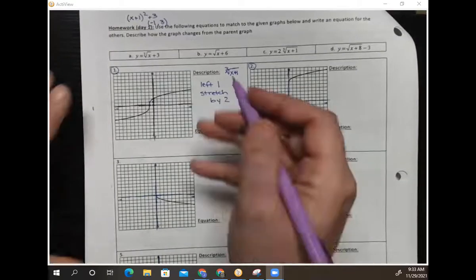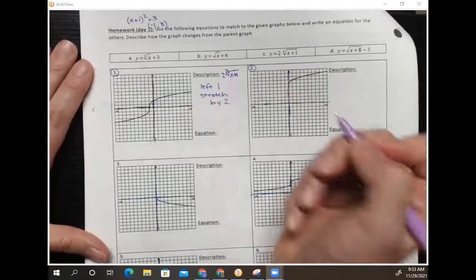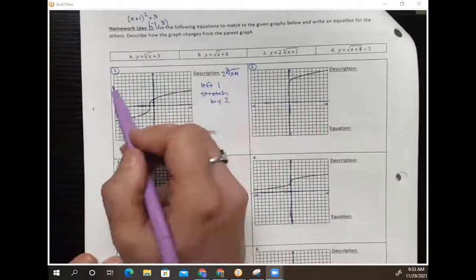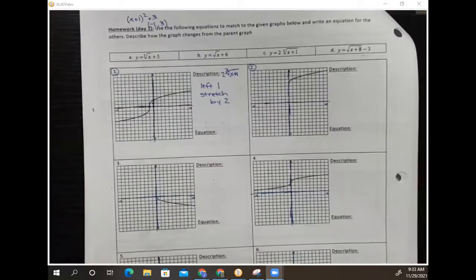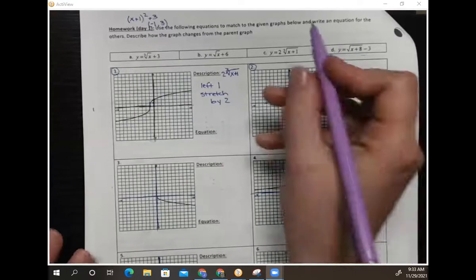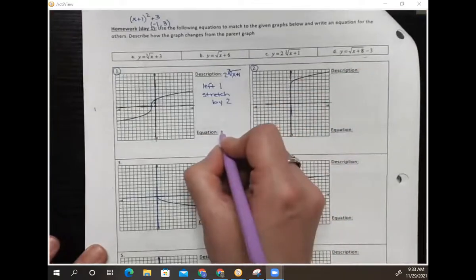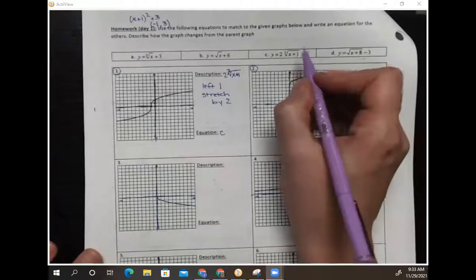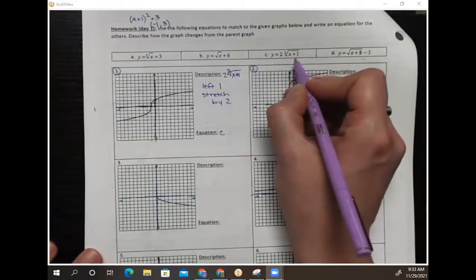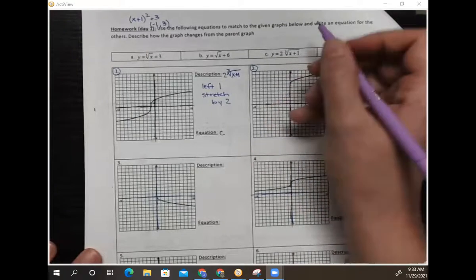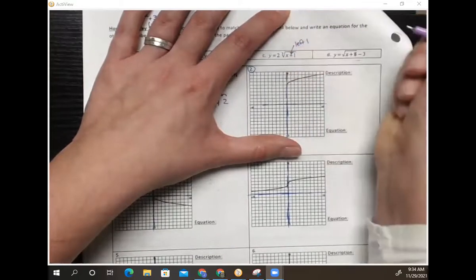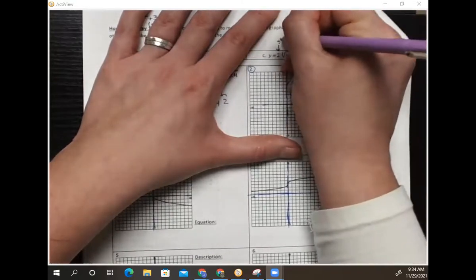That means I'm going to want, since I'm stretching by 2, a 2 in front. So this should be my function. Do I have it as one of my options up at the top? C. Yeah, that's what I'm looking for there. So if I just had the function and I were going to graph, this would mean take your key point and move it to the left 1. And then in front, stretch by 2.